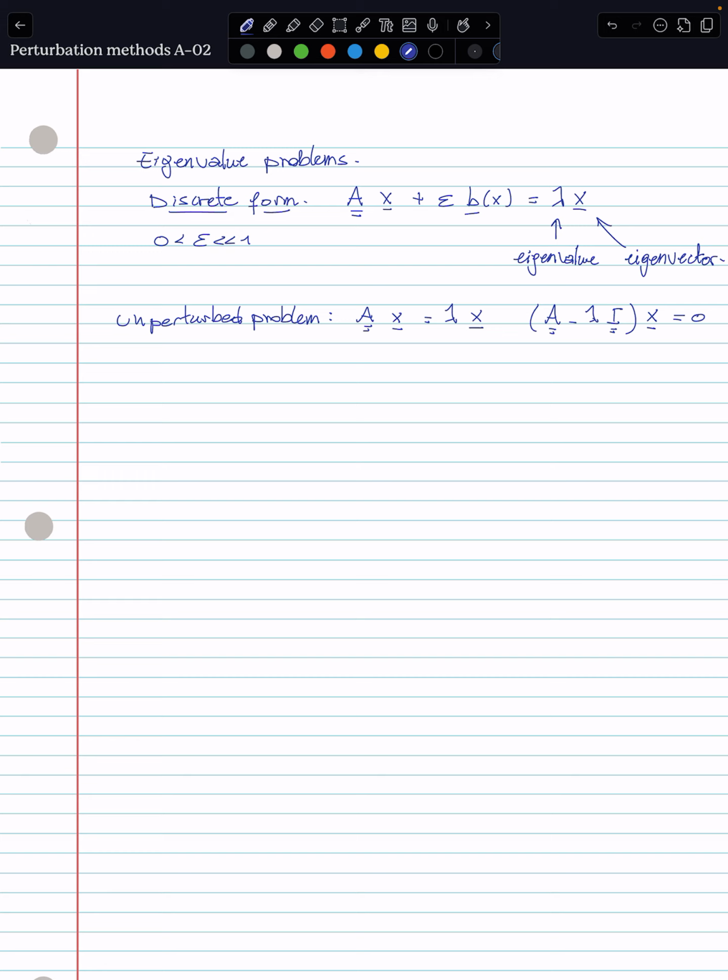All right, and so in the very generic problem that we consider here, we assume that this eigenvalue problem is perturbed by a small nonlinear term. This term can be nonlinear. You will see that at no extra cost, we can tackle the nonlinearity of B. What we are interested in is how the eigenvalues and eigenvectors of this problem are changed due to adding this term.